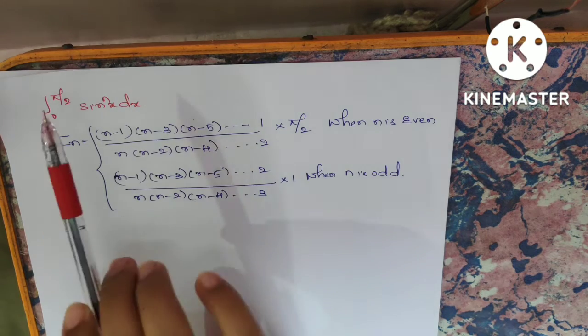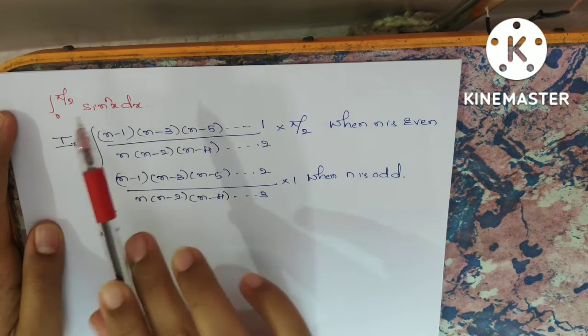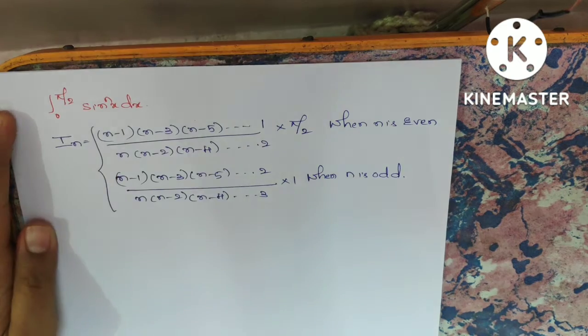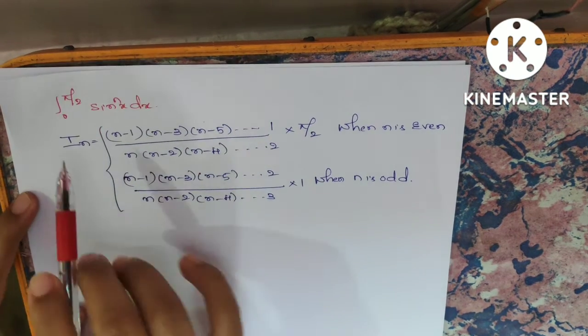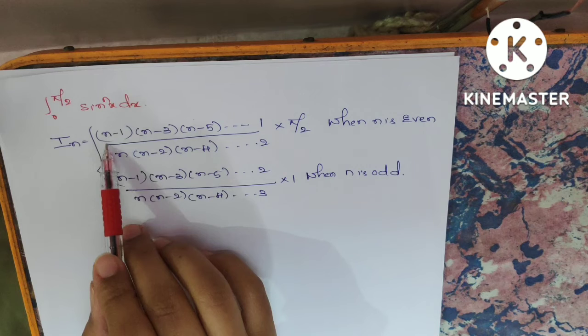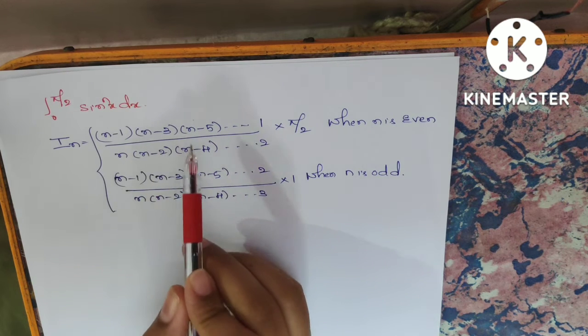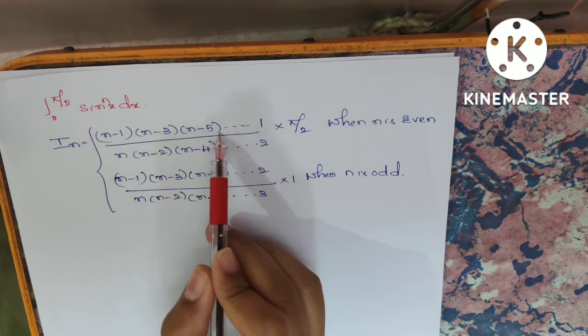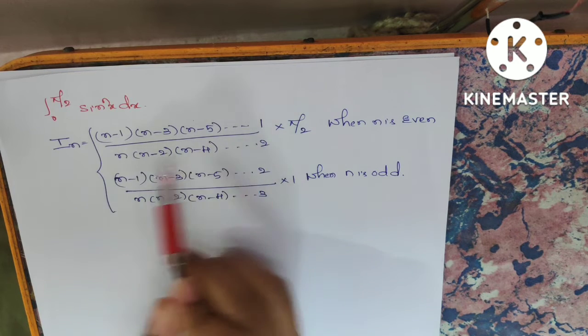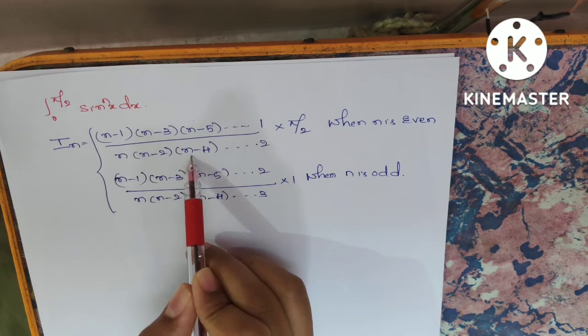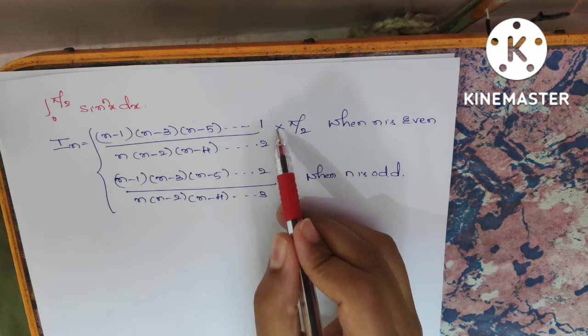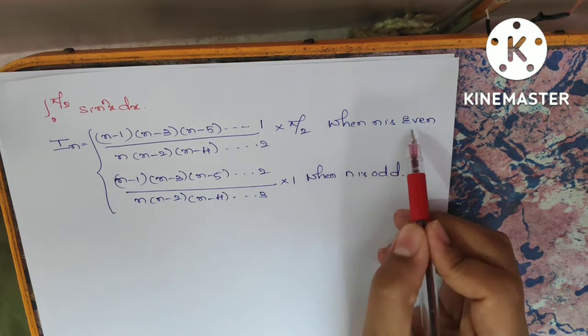Students, whenever the integration is from 0 to pi by 2 of sin power nx into dx, we have to use this formula. In equals n minus 1 into n minus 3 into n minus 5 and so on, by n into n minus 2, n minus 4 and so on, into pi by 2 when n is even.